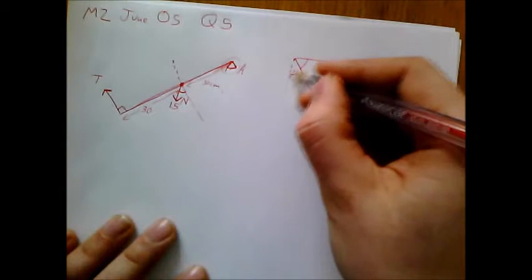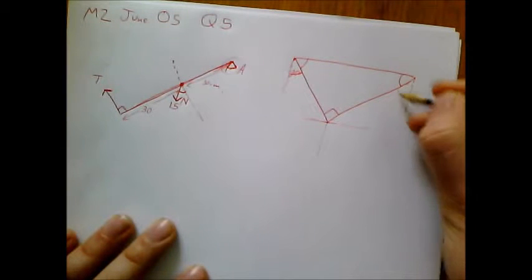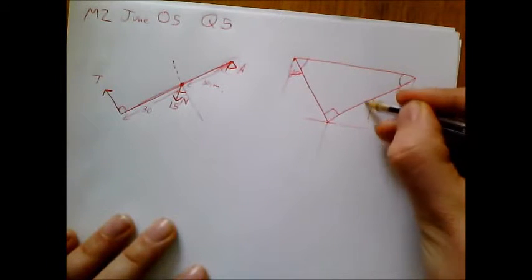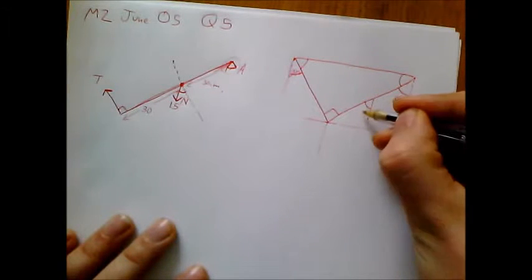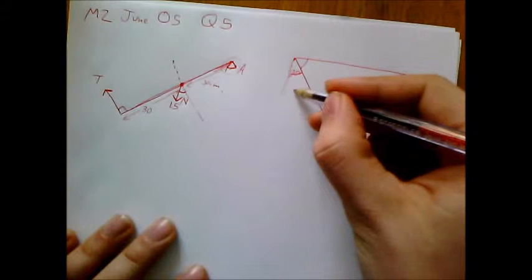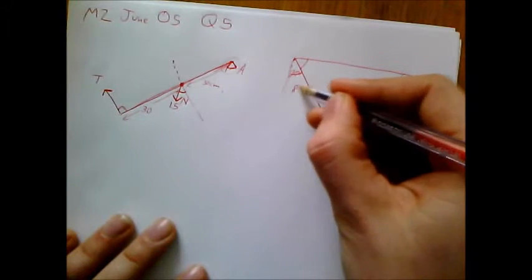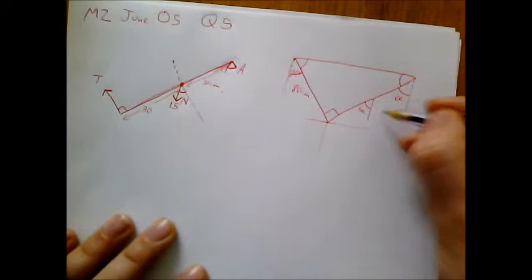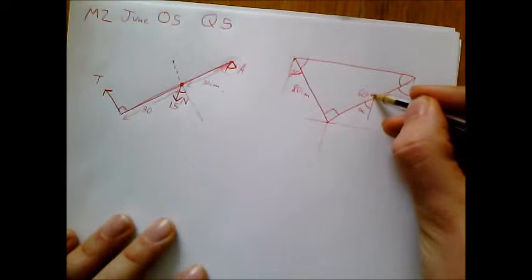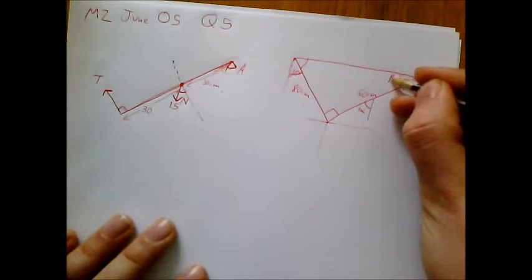No, sorry, beg your pardon, I don't want that. If I can find this angle here, I will know what this angle here is. So I know this is 80 centimeters, and this is 60 centimeters. So let's work out what this angle is.